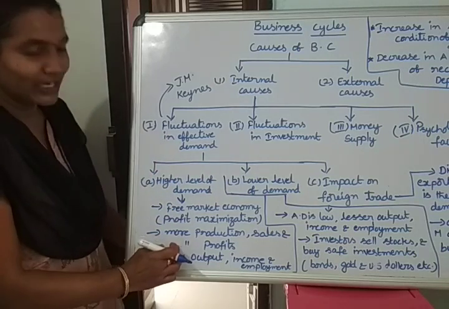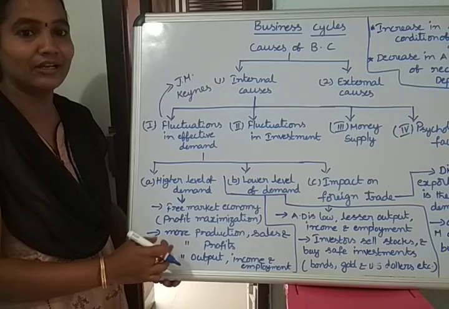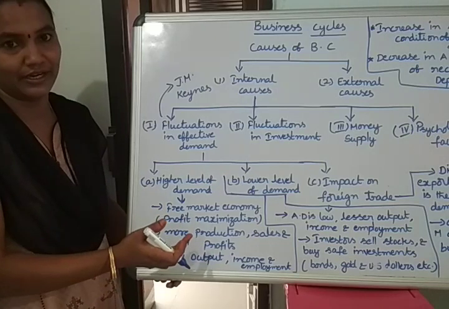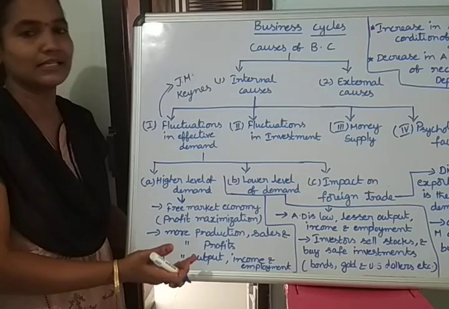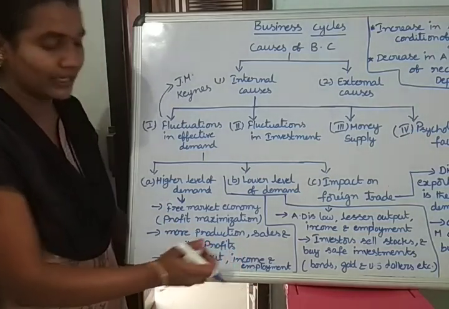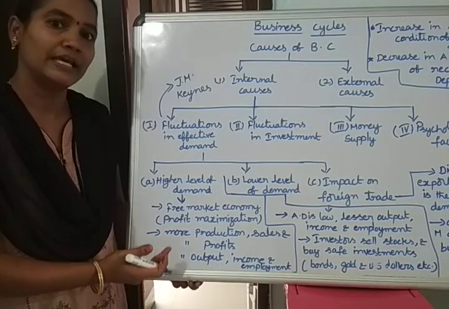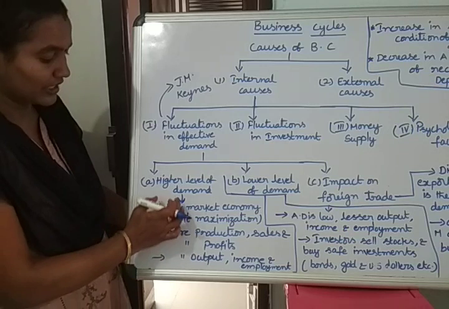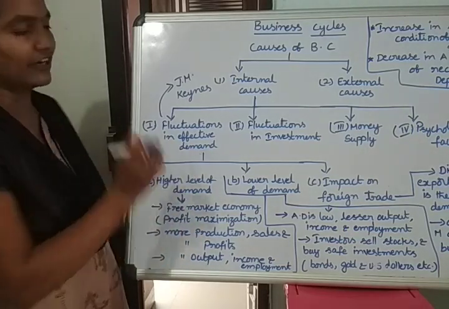When we see aggregate demand more than aggregate supply, it also leads to inflation, because many people are asking for goods but supply is less compared to demand. The main reason is that when people have more income and more employment opportunities, we automatically see an increase in aggregate demand. So that is one of the causes of fluctuation in effective demand.